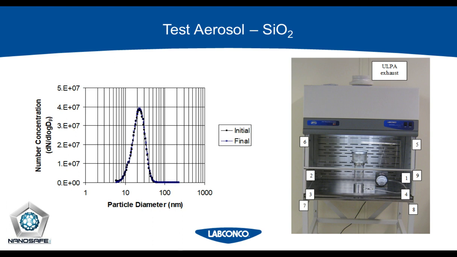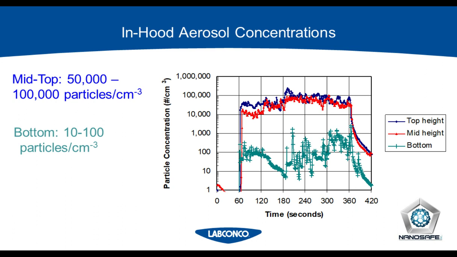Concentration is important, and as you see, very stable numbers on the particle diameter. So we know that whatever the particle counter is looking at is truly what we're generating as a test aerosol with the silicon dioxide.